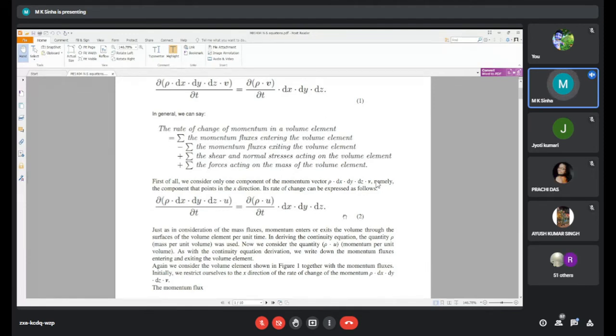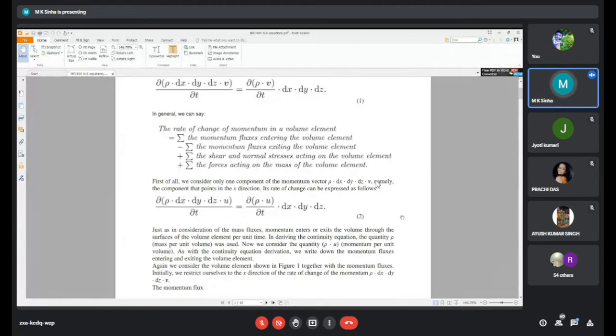First we will consider one component of our generalized mass, rho into dx dy dz into V, taking first the x-axis. So this becomes del by del t of rho into u dx dy dz. First we are considering the momentum along the x-axis.